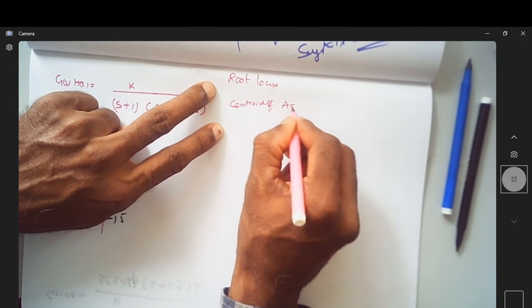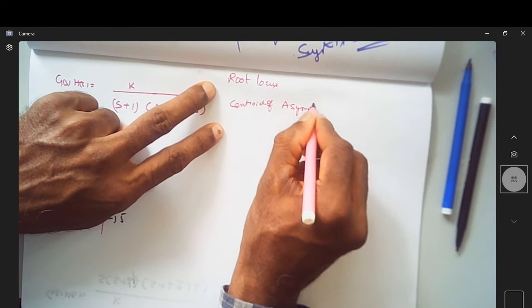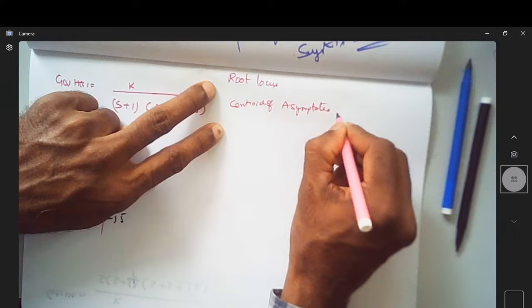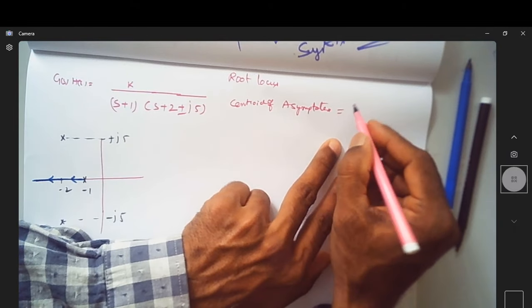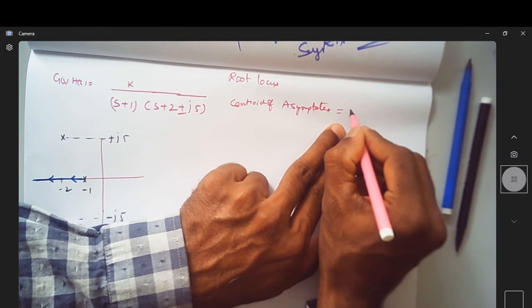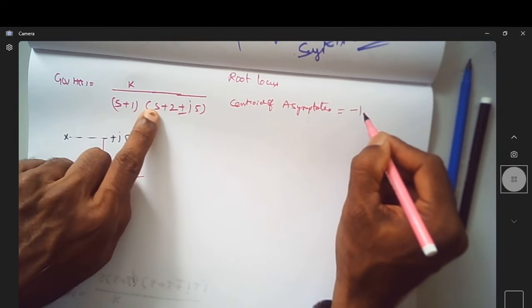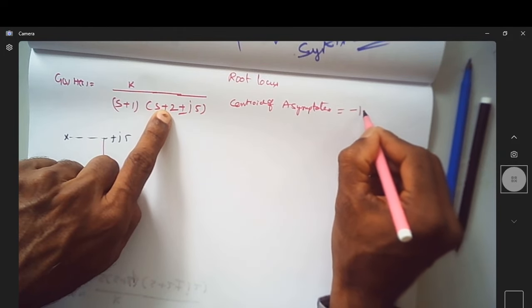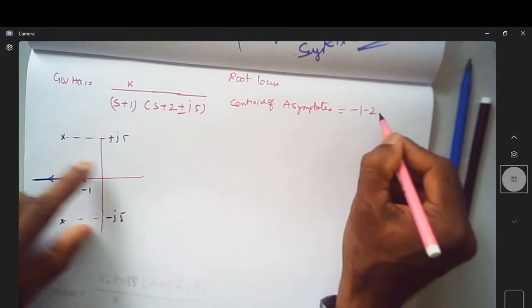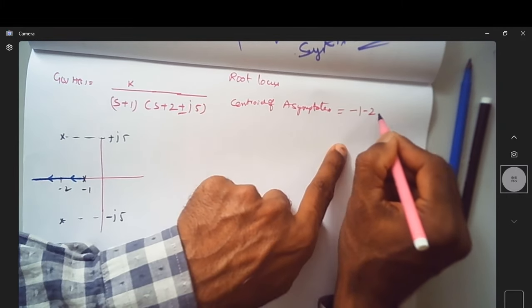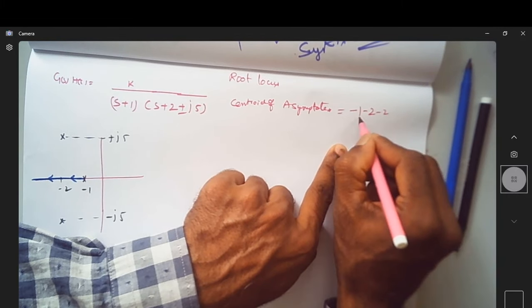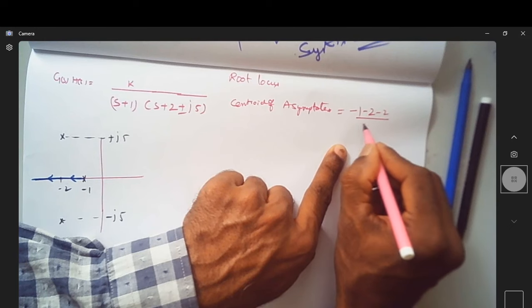Centroid of asymptotes is nothing but the real part of poles. So we have the real part of this pole as -1 and the real part of this pole is -2. Of this one is again -2, and we don't have any more zeros, and it is p minus z.